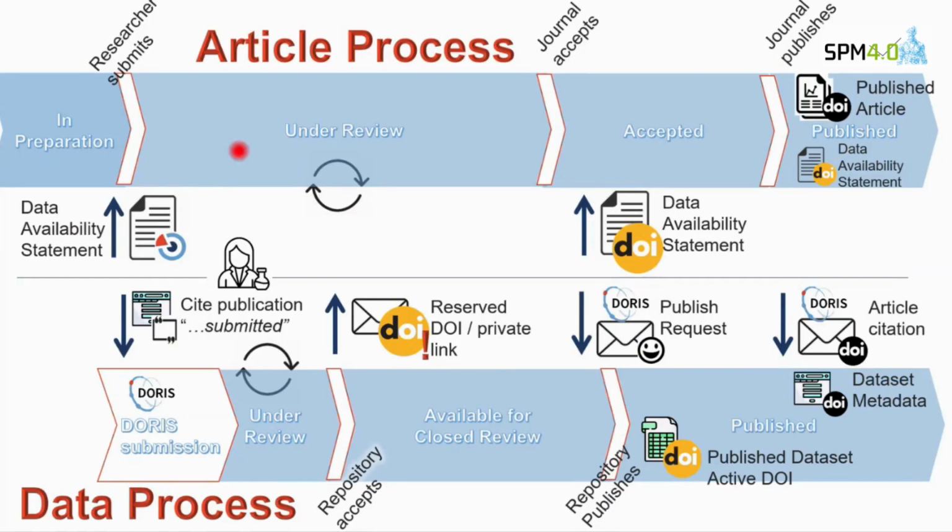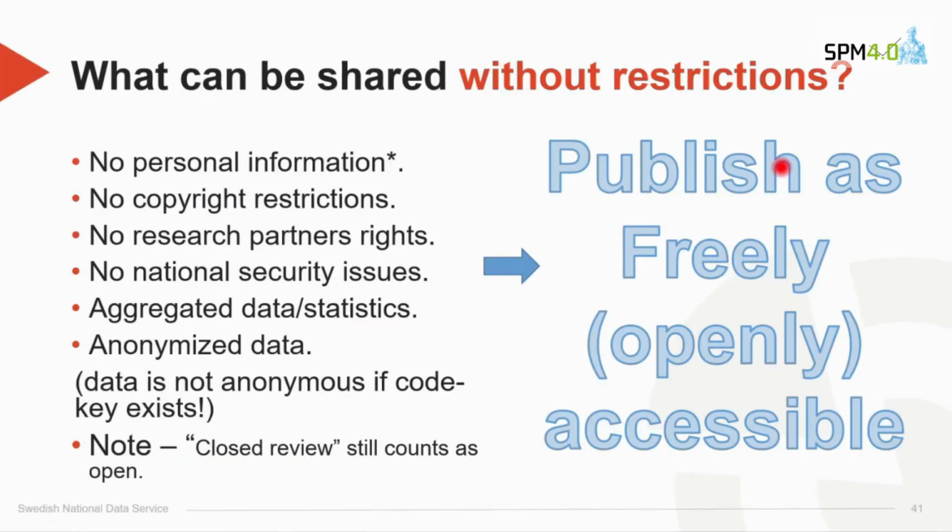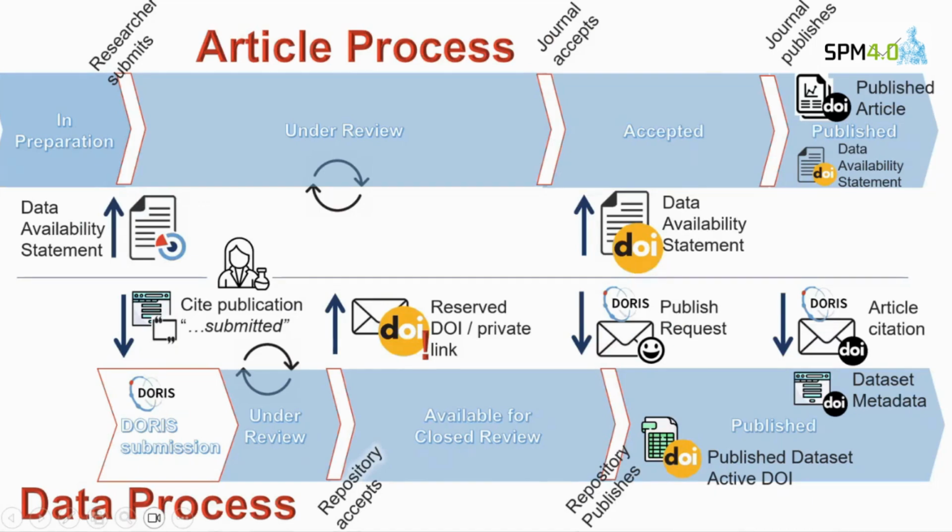All right, you're going to submit, you have the article process up the top, and you have the data process down the bottom, like an old broken Wii or something. And you somehow need to sync up these two so everyone gets the information they want at the time they want.